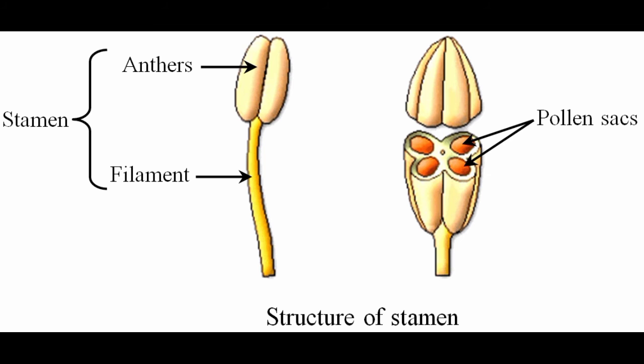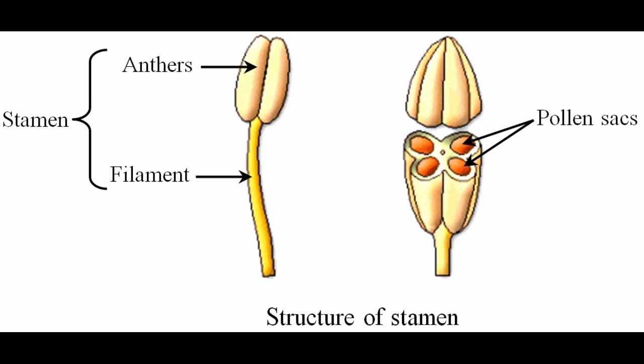The anther bears pollen sacs in which many pollen grains are present. These are yellow powdery masses, numerous in number, and they contain the male gamete, which goes to the ovary of the same bisexual flower or another female flower.